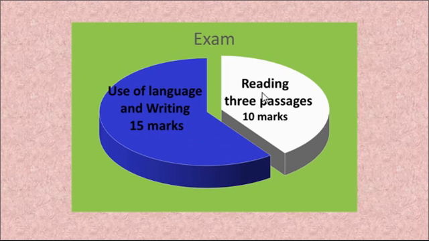As you see, a reading part of 3 passages of 10 marks, and the use of language and writing of 15 marks. So the total on the exam paper will be 25 marks.